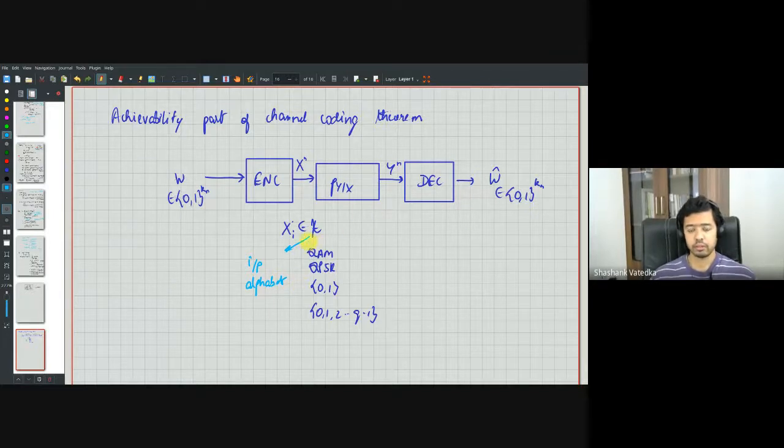Right? So you transmit this through the channel, and at the output you see a sequence of length n, where each symbol belongs to some output alphabet.